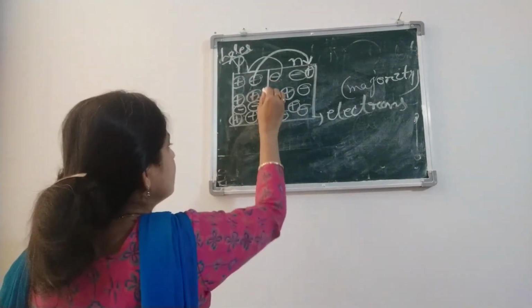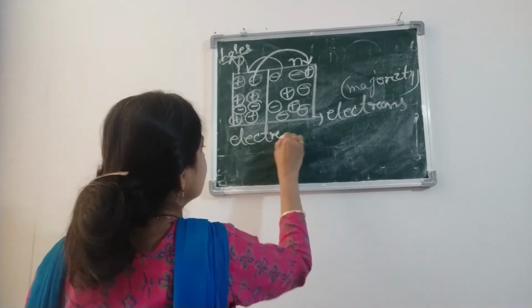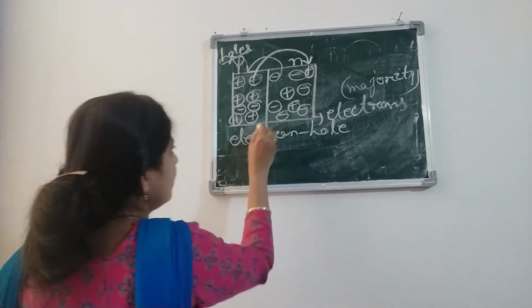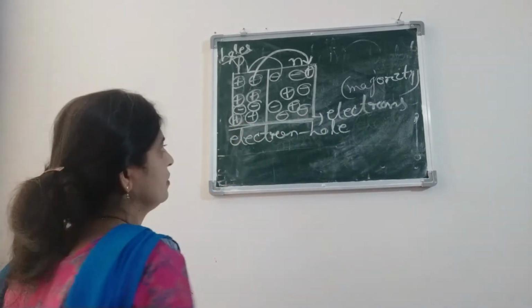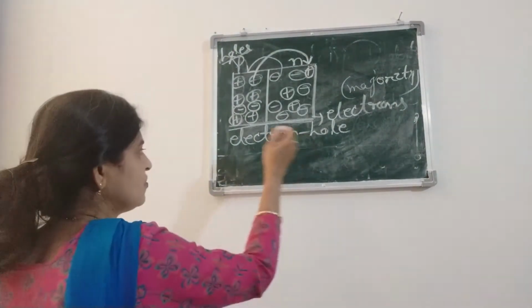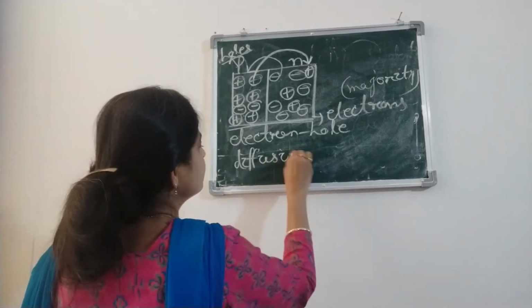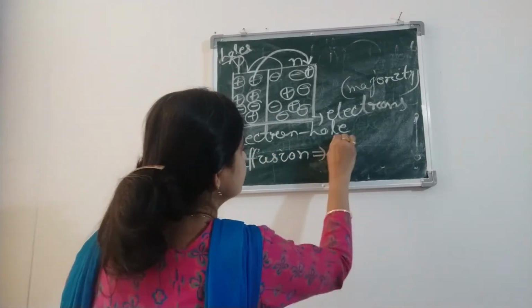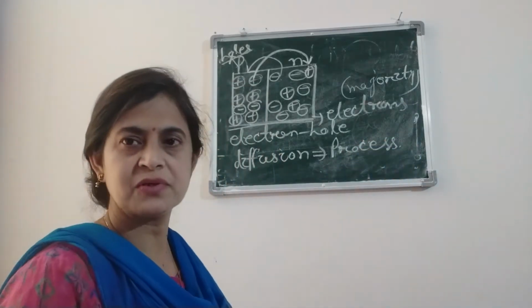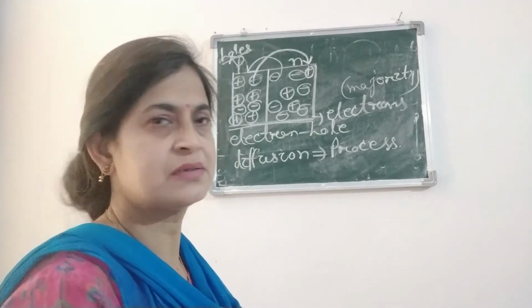That means electron-hole combinations will occur during this process, and that's why this process is called the diffusion process.